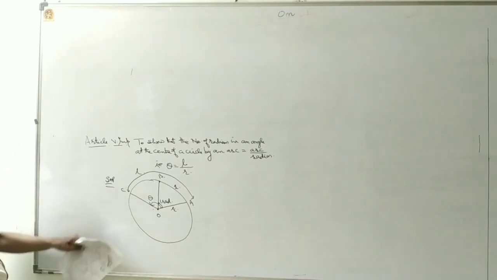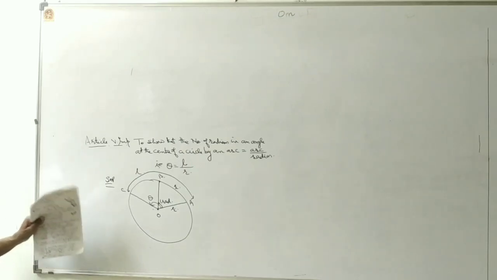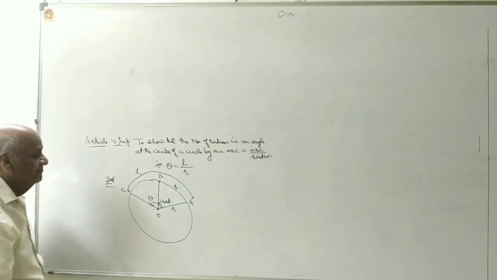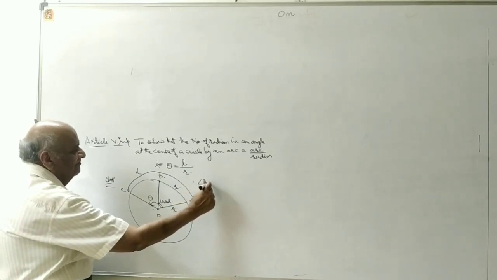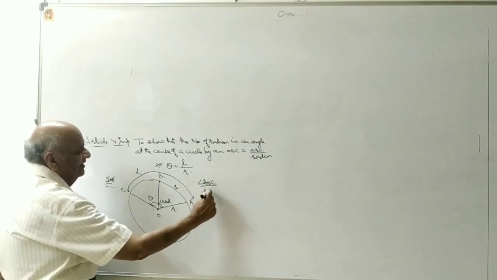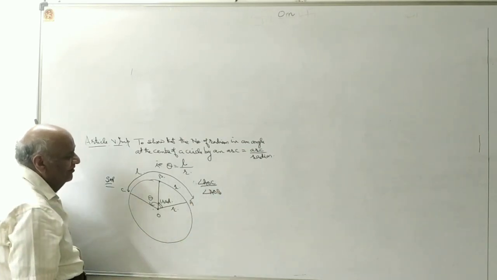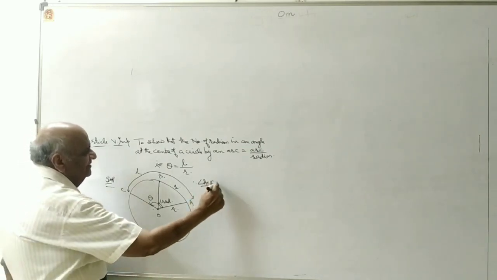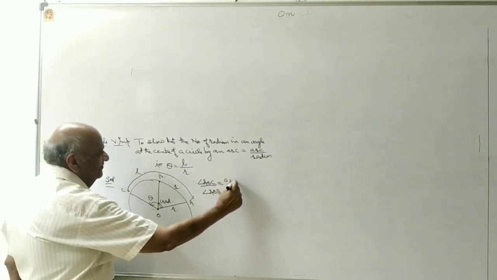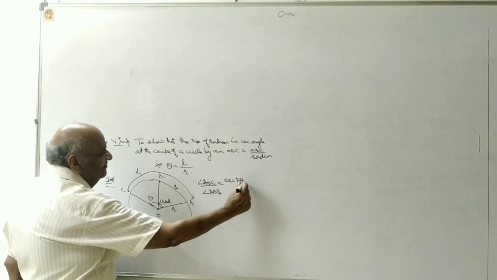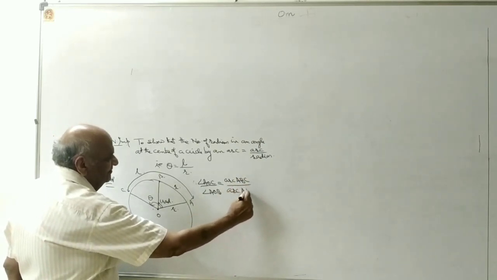As we know, the angles at the center of a circle are proportional to the arcs subtending them. Therefore, angle AOC upon angle AOB is equal to arc ABC upon arc AB.